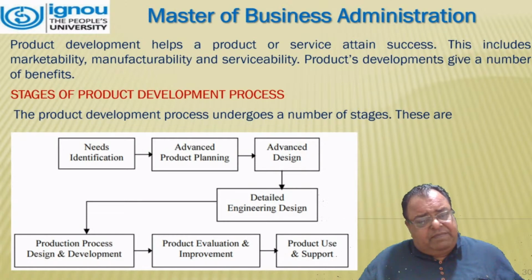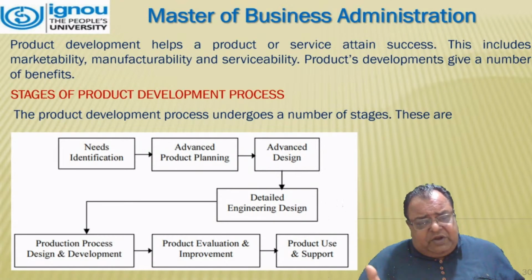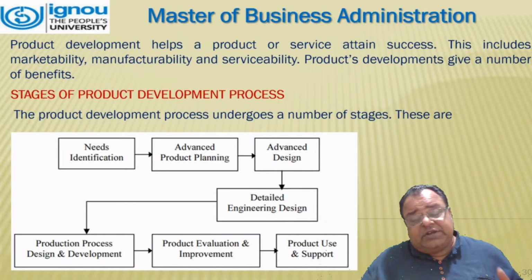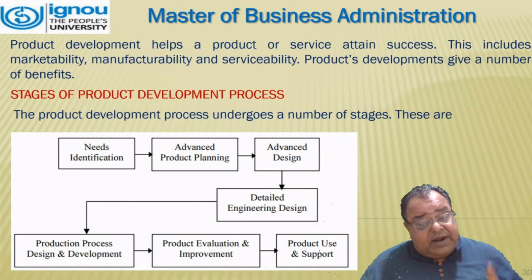The product development process undergoes a number of stages such as need identification, then comes advanced product planning, advanced design, detailed engineering design, production process design and development, and product evaluation and improvement. Then the last one is product use and support.